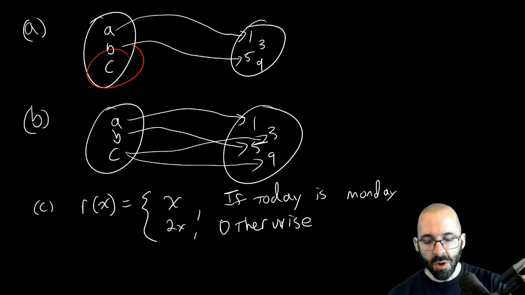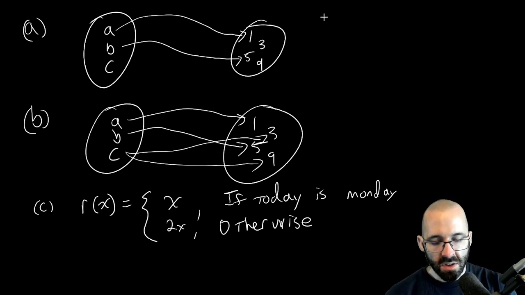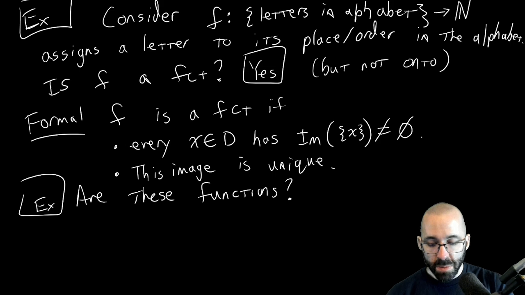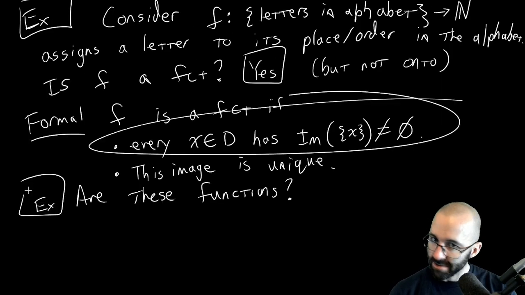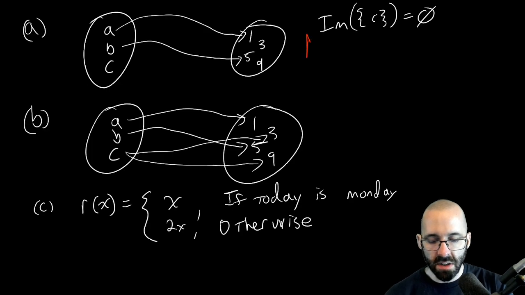We have something in the domain that doesn't have anywhere in the codomain that it goes to. So specifically here, the image of the set C is the empty set. And we specifically said that cannot happen. All right, so f is not a function in this case.